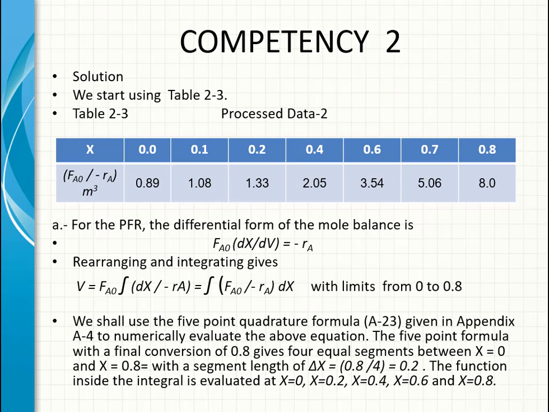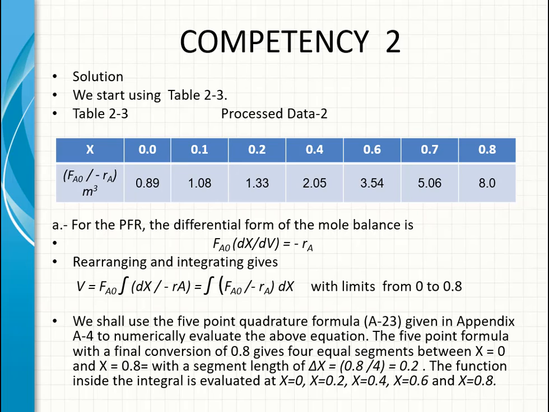Rearranging and integrating will give us that V is equal to FA0 times the integral of dX divided by minus RA, and we put FA0 inside of the integral to have the relation FA0 divided by minus RA, so we will have the integral of FA0 divided by minus RA times dX with the limits from 0 to 0.8.